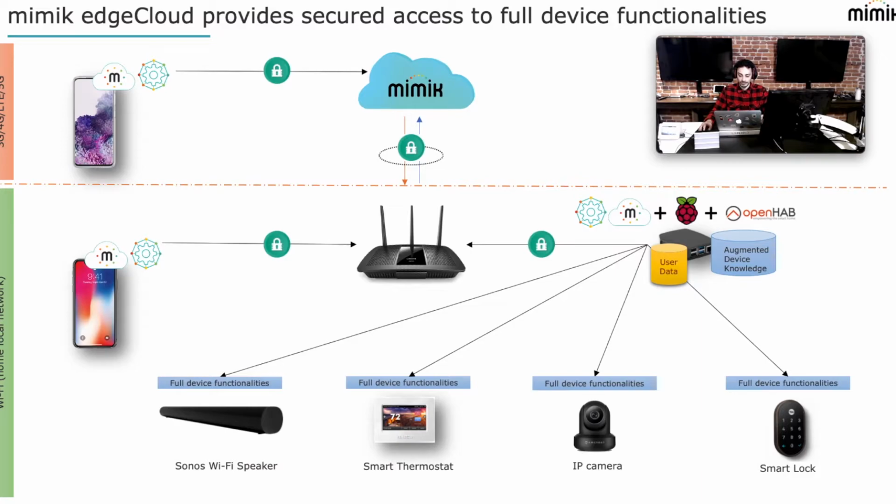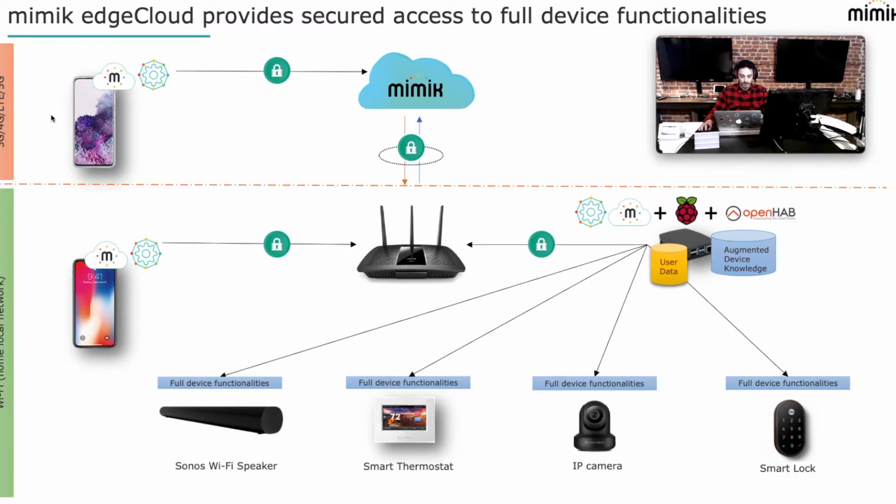a peer-to-peer fashion. If a Mimik Edge-enabled application is not on the local network where all the edge processing is taking place, it can request secure access from the cloud via 3G, 4G, LTE, and 5G.